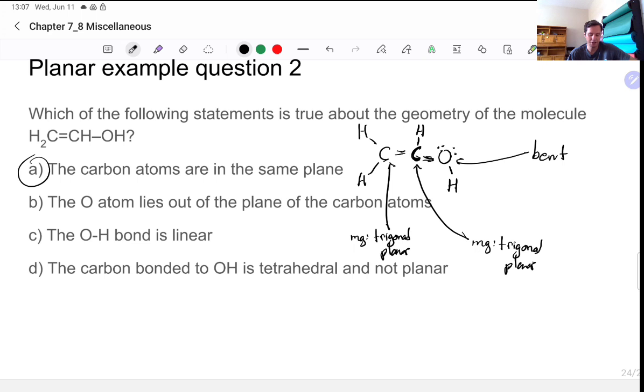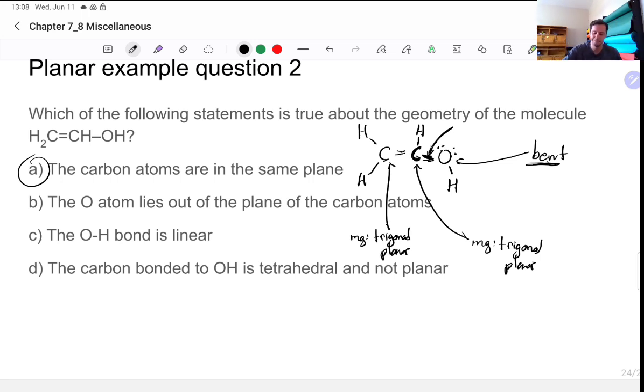The oxygen atom lies out of the plane of the carbon atoms. No, because as we said, yes, the oxygen is bent, but this is a trigonal. Wait a minute, did I update this question to what I wanted it to be? Let's make sure. Yeah, I think it's fine.